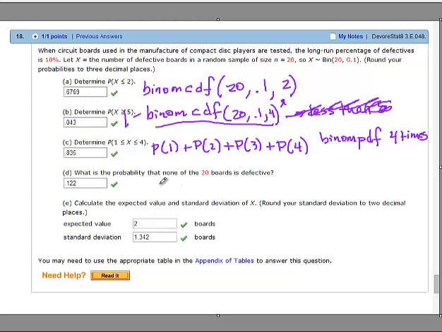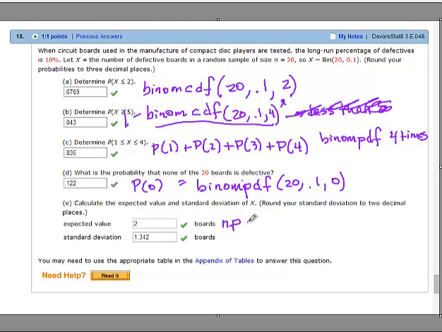What's the probability that none? So this is the probability of 0. So we actually want a binomial PDF where n is 20, probability is 0.1, and we want a 0 here. Expected value, that's just n times your p.